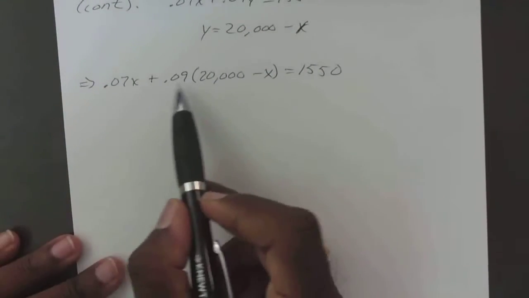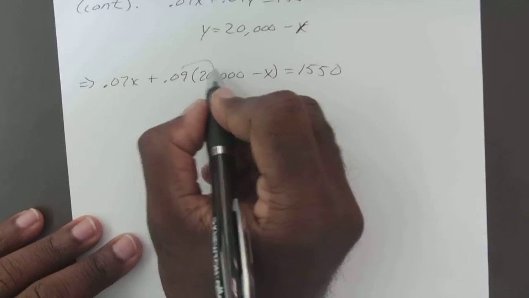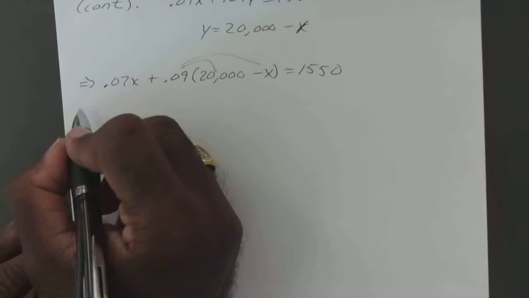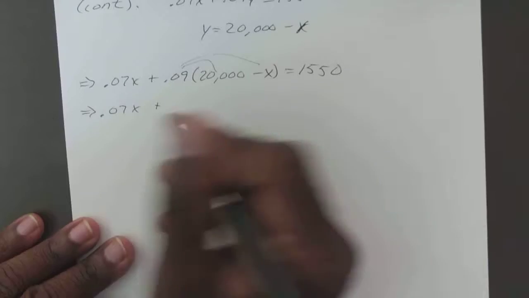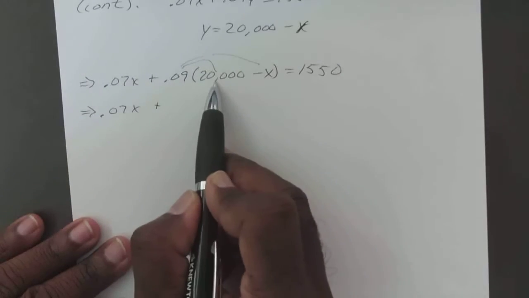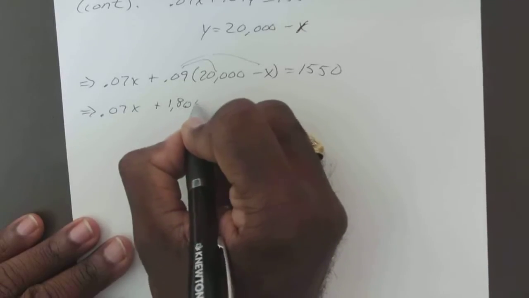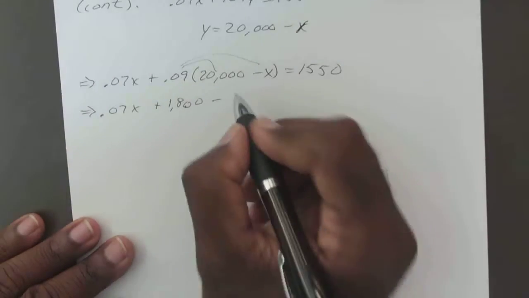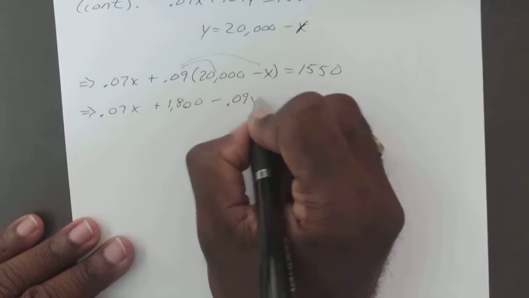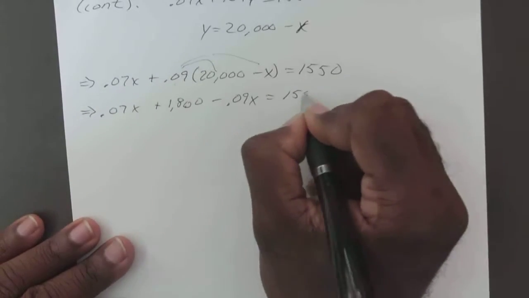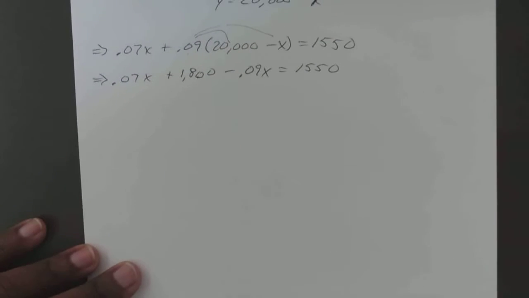Now all you have to do here is solve for x, since that's the only variable up there. So we go ahead and distribute that 0.09. So 0.07x plus 0.09 times 20,000 is 1,800, minus 0.09 times negative x is 0.09x, equals 1,550.